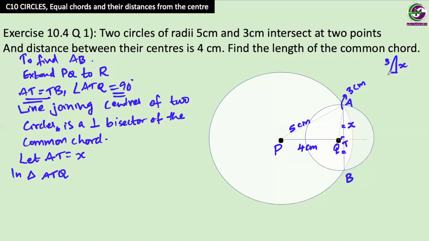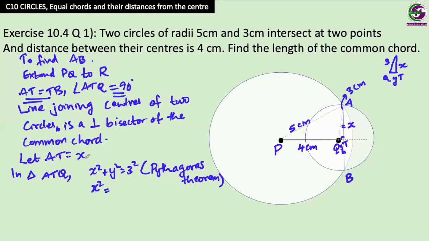This distance from Q to T we don't know. Let's mark it Y centimeters. So we can find X square plus Y square is equal to 3 square by Pythagoras theorem. Or we can simply say that, because our target is to find X, X square is equal to 9 minus Y square.